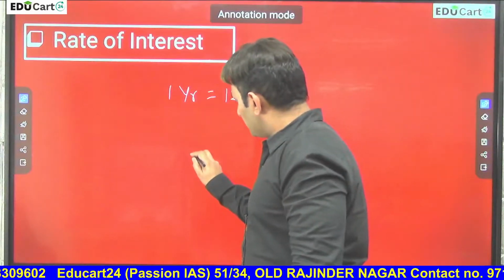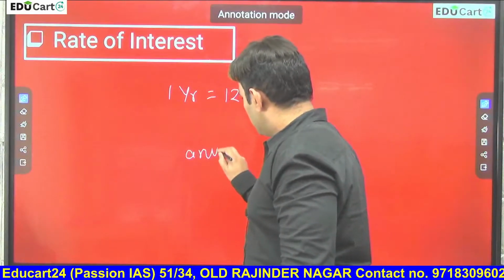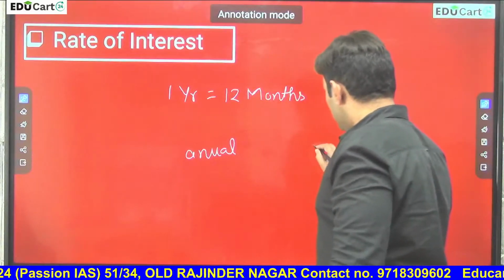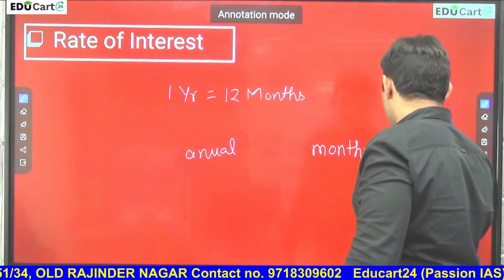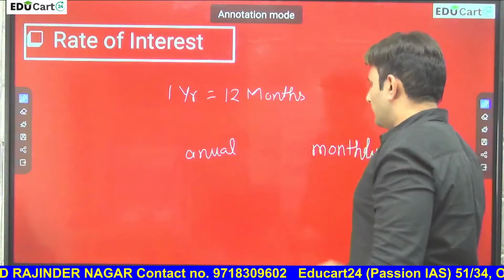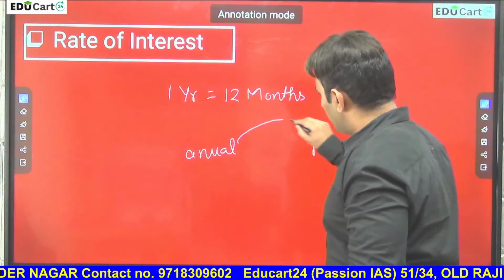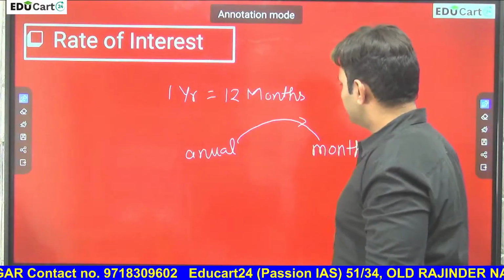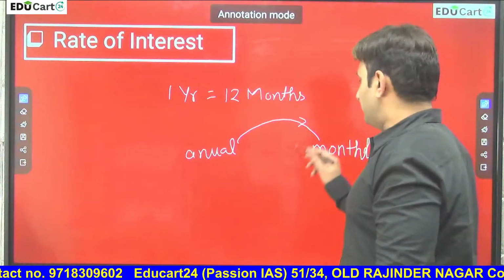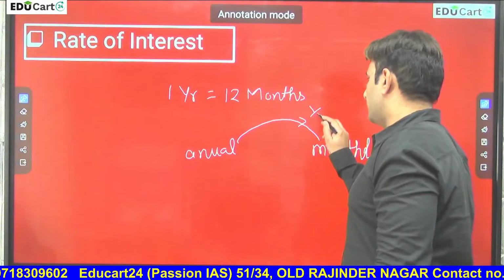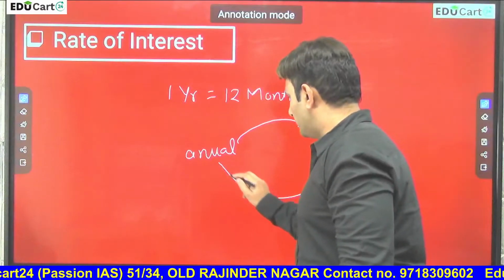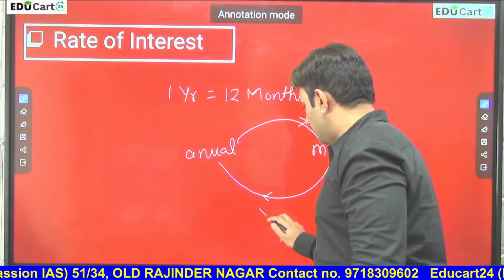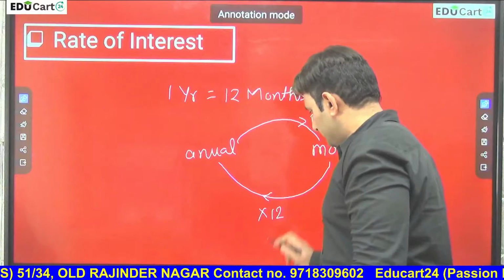When you want to convert the annual rate to the monthly rate, monthly will be less, so you divide it by 12. When you want to convert from monthly to annual, you have to multiply it by 12.